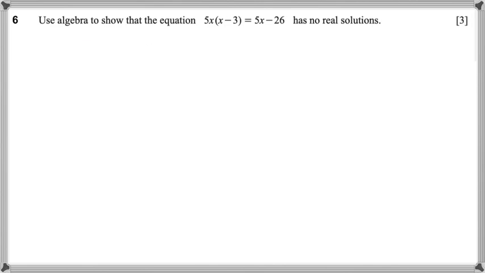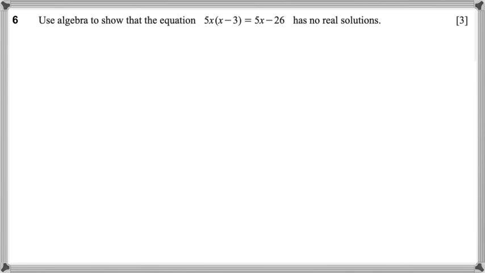Question 6. Use algebra to show that the equation 5x multiplied by x minus 3 is equal to 5x minus 26 has no real solutions.